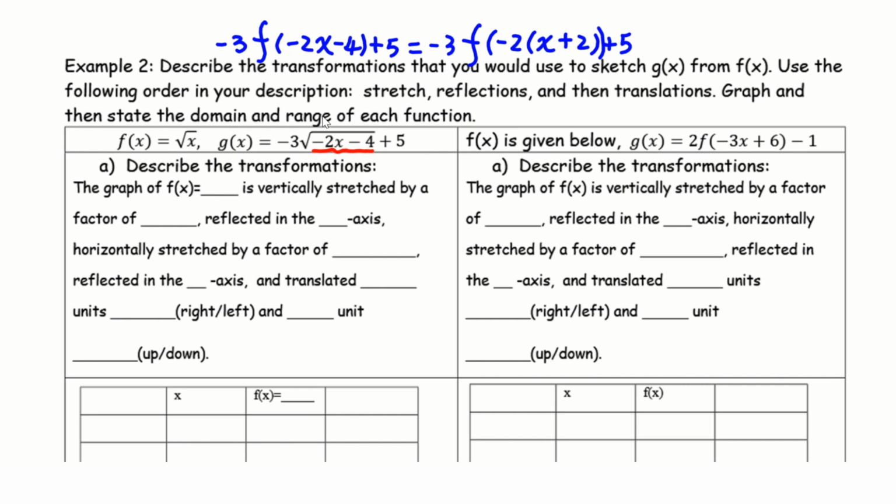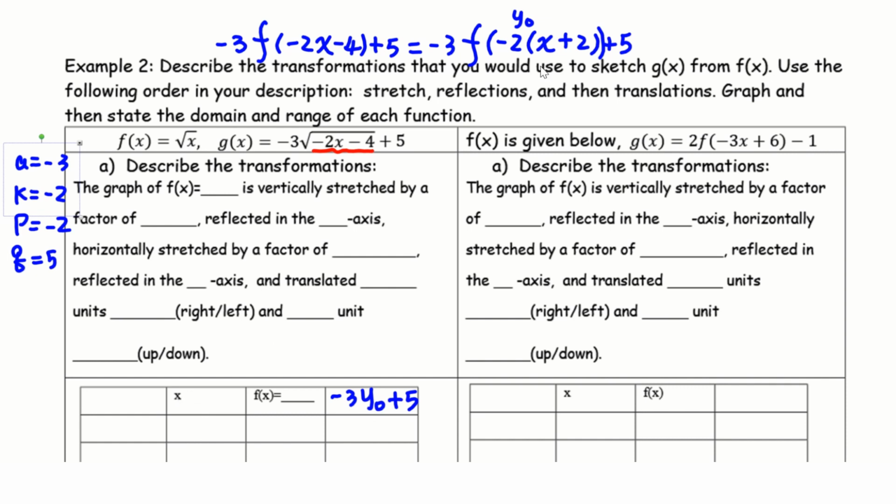So we have the a is negative 3, k is negative 2, p is opposite, negative 2, q is 5.